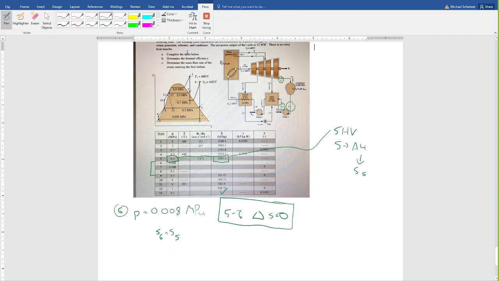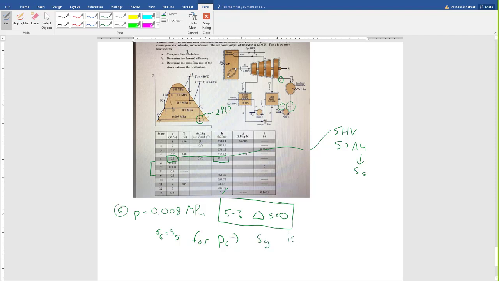So when I ask myself about S6, they drew it over here under the vapor dome, but I'm not exactly sure. So here I'm going to ask, is this two-phase or not? At state 6 we know the pressure instead of the temperature. For P6, what is SG?